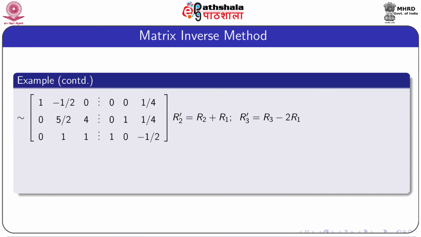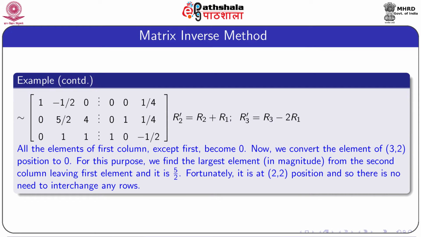Now, we apply the elementary row operations R2 prime equal to R2 plus R1 and R3 prime equal to R3 minus 2 R1 to make the elements at positions 2 1 and 3 1 zero, and the corresponding second and third rows are changed. Note that all the elements of the first column except the first one become 0.